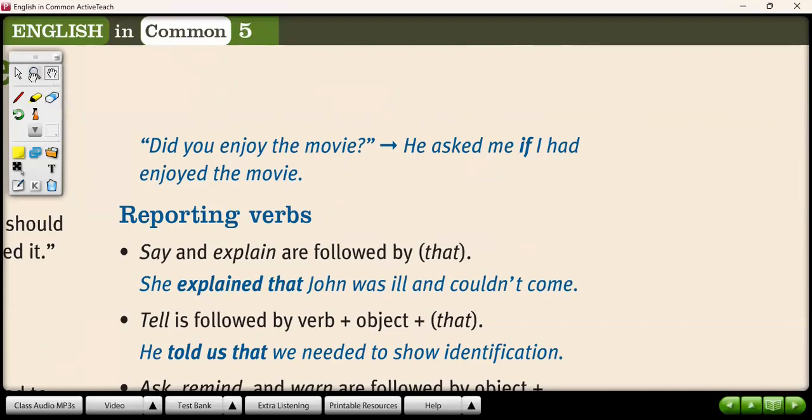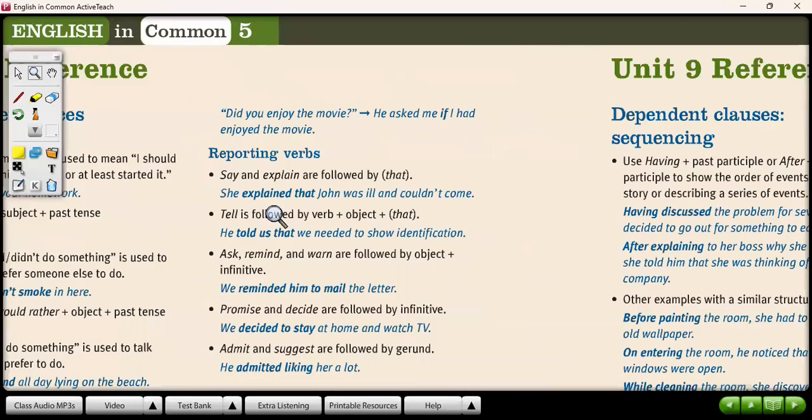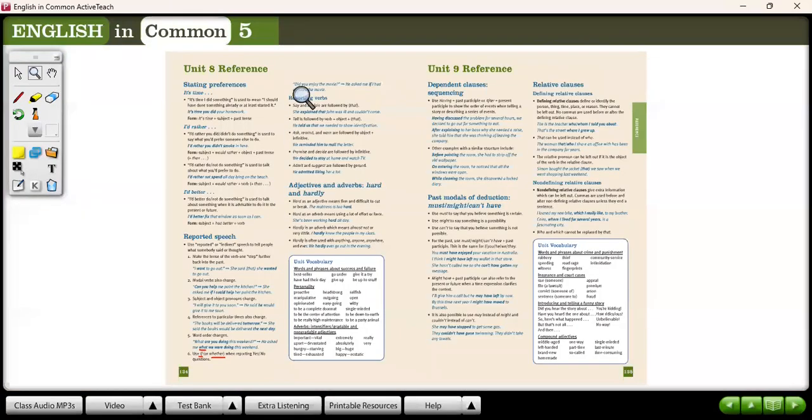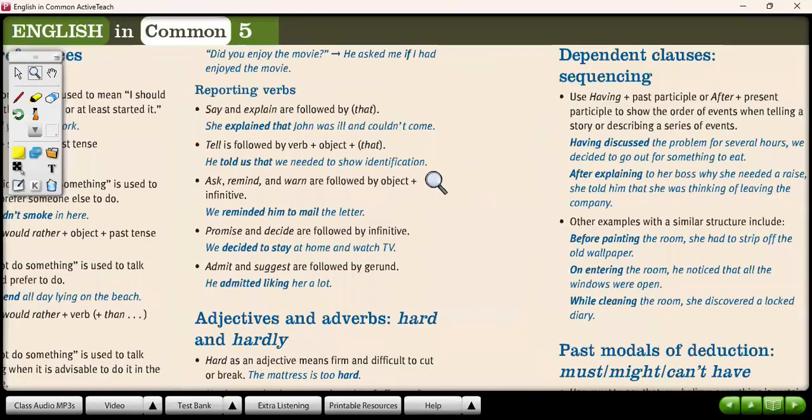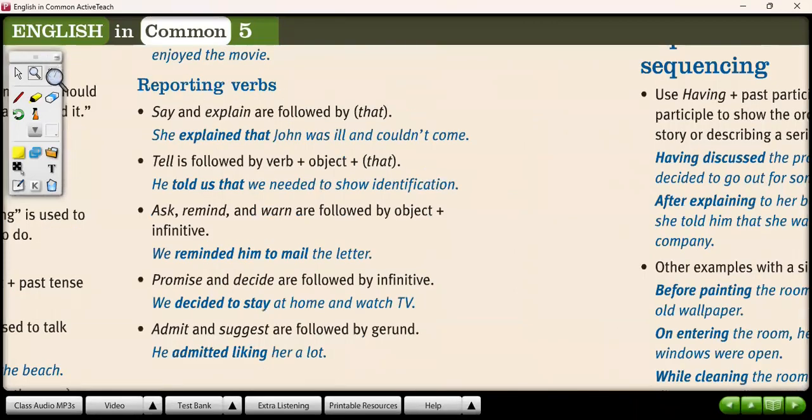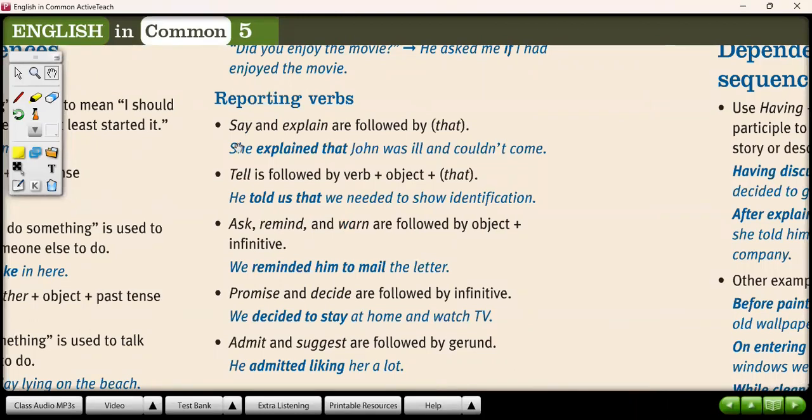Now, let's talk a little bit about reporting verbs, okay? Here, let's see first the verb say. Many students don't understand the difference between say and tell. Let me give you a scenario. Imagine that you are interviewing your favorite actor.